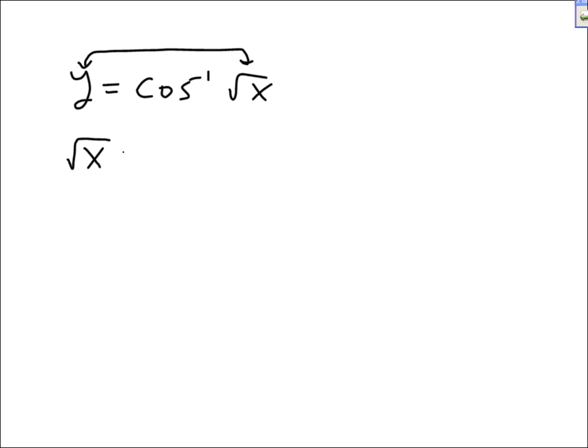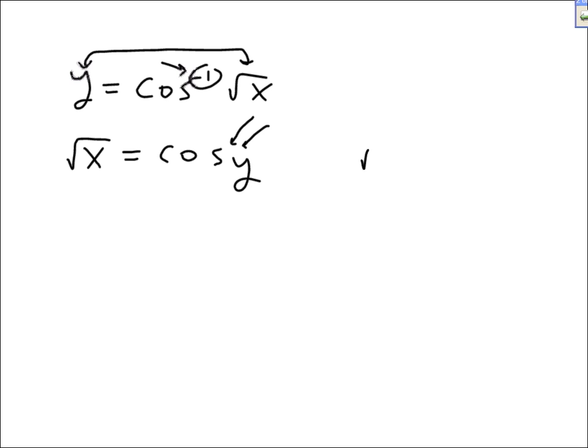For example, if you had y is equal to, well, let's do cosine this time. y is equal to the cosine inverse of the square root of x. Well, you can interchange those two anytime you want. It's just the way it is. And if this has an inverse, then this won't have an inverse. If this one up here didn't have an inverse, then there would be an inverse there.